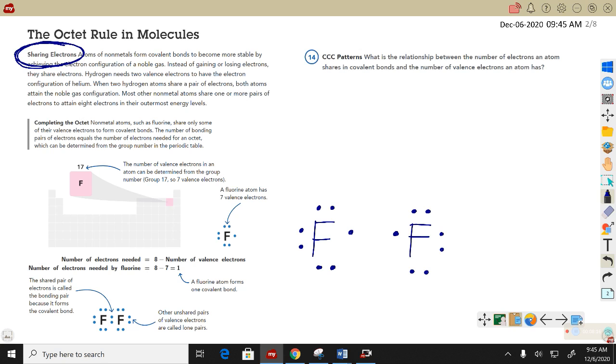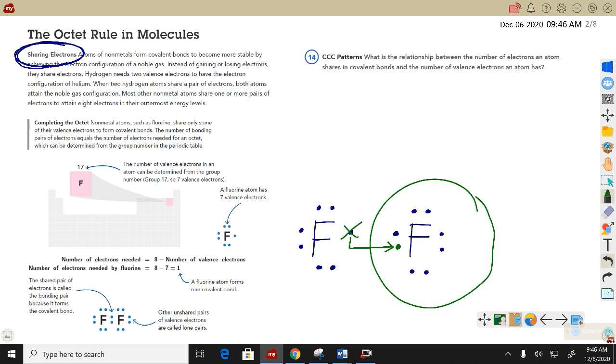If I were to say, let's do an ionic bond, well, an ionic bond would involve the transfer of electrons. So I could take this one electron and maybe transfer it to the other fluorine, so maybe put it right there. But that's not going to fix both atoms. If I got rid of this guy, the second fluorine can get a full octet, but the first fluorine is worse.